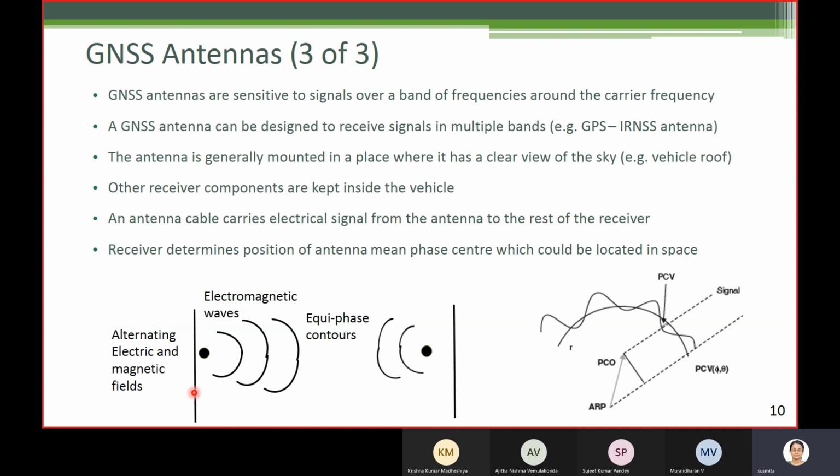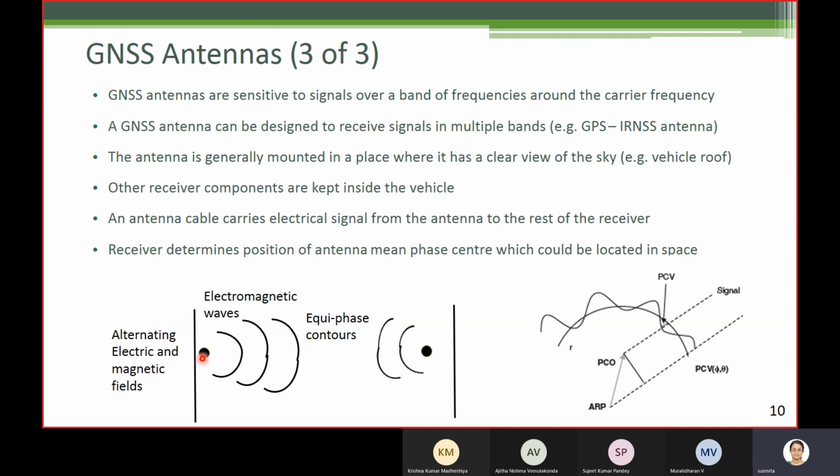And let's assume that we have an ideal antenna. In case of an ideal antenna, when the electric field and magnetic field are synchronized, it can be shown that they propagate as these spherical fronts from a point which is at the center of all these concentric spheres. You imagine it in 3D, so they will become spheres.